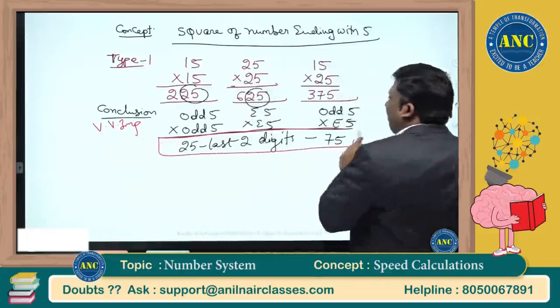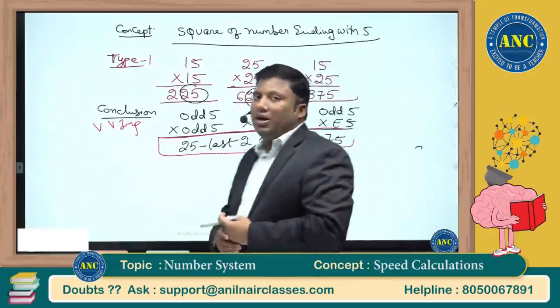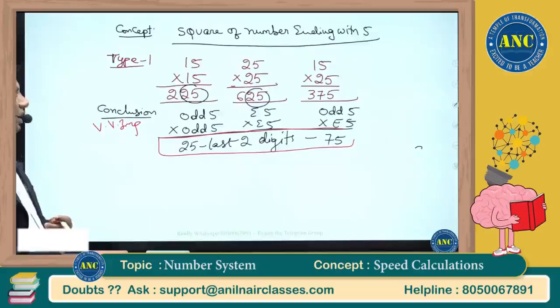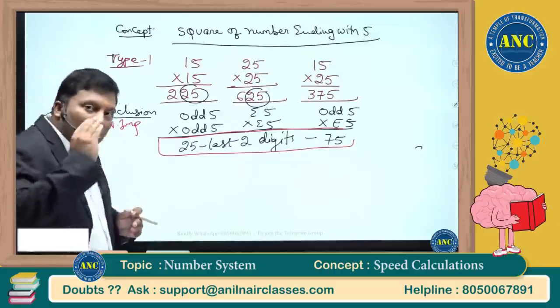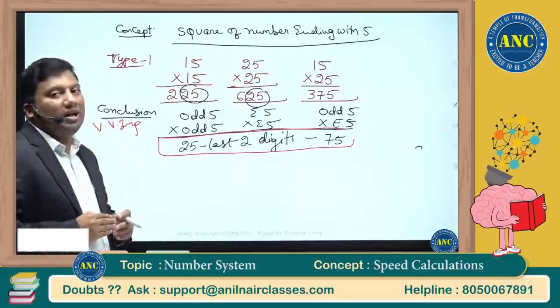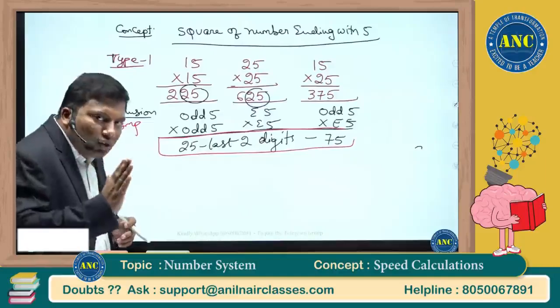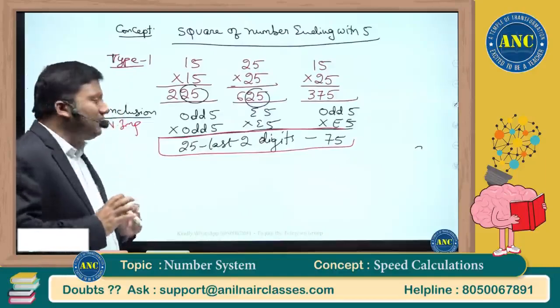I hope this concept is crystal clear to you. When you multiply any two odd numbers ending with 5, last two digits are 25. Any two even numbers ending with 5, last two digits are 25, else it is 75.